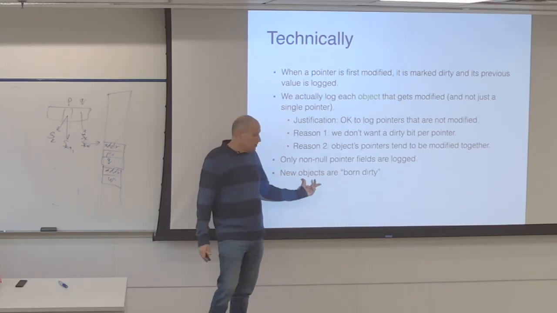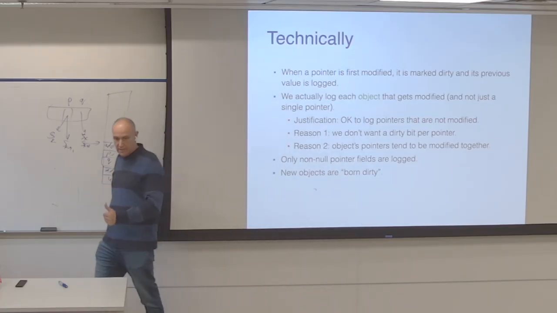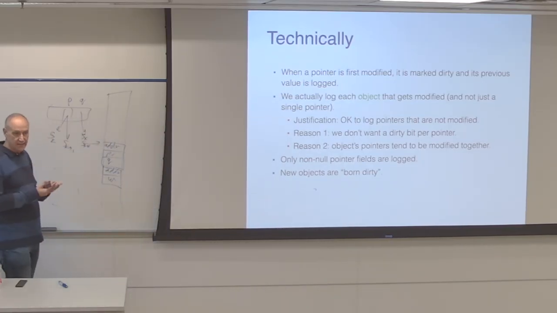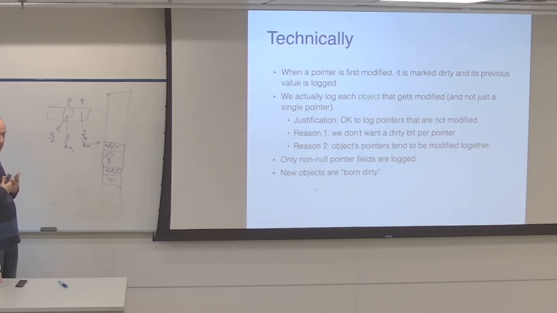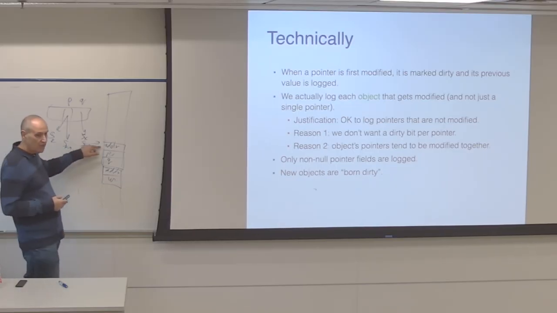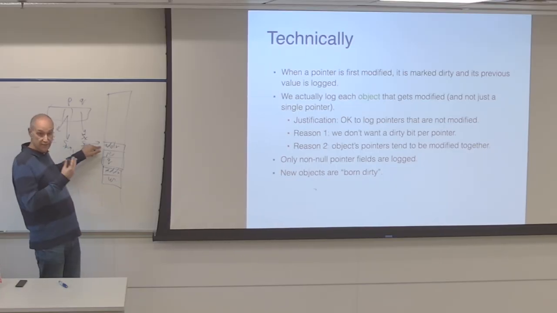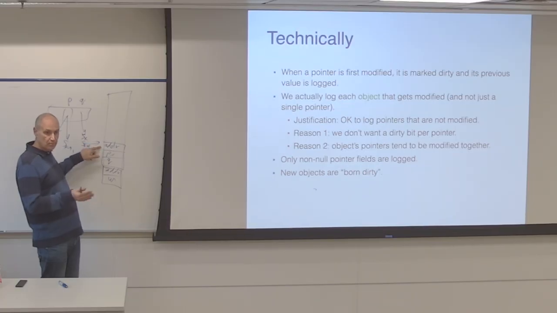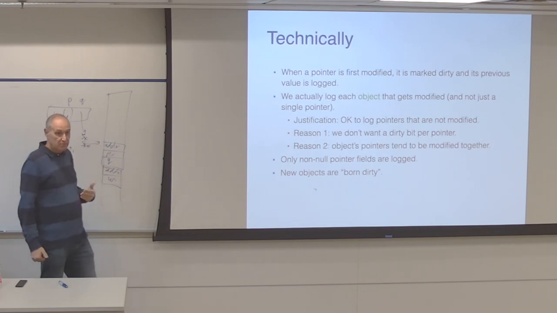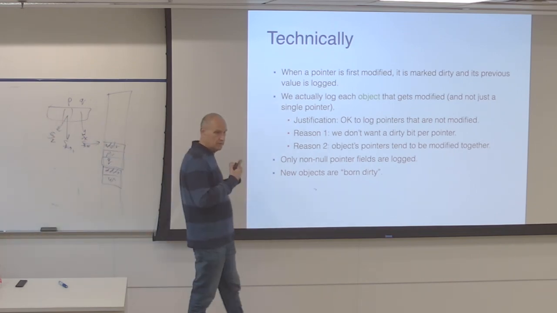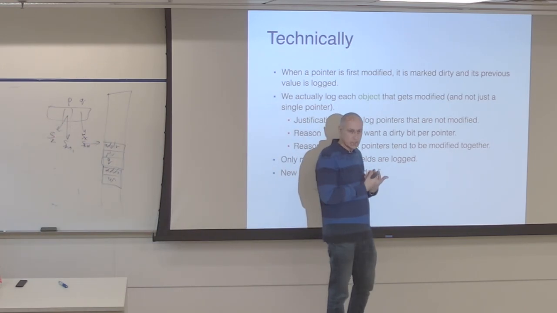Okay, and finally, new objects. New objects do not point to anything in the previous collection. So I will just put their address with no pointers. They will be dirty, so I will not need to copy them later. But I don't need to record any pointers for them because they pointed to nothing in the previous snapshot; they did not exist in the previous snapshot.